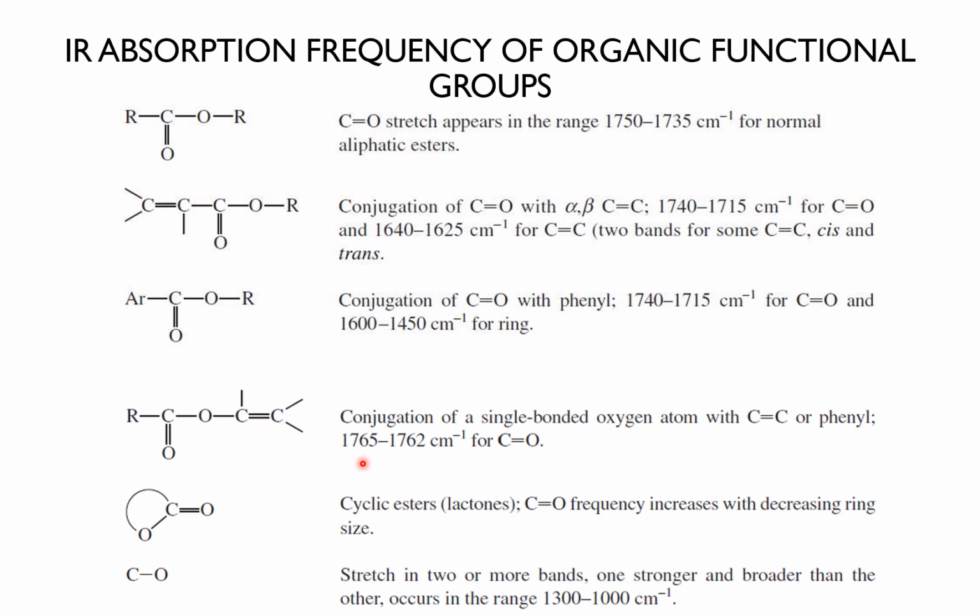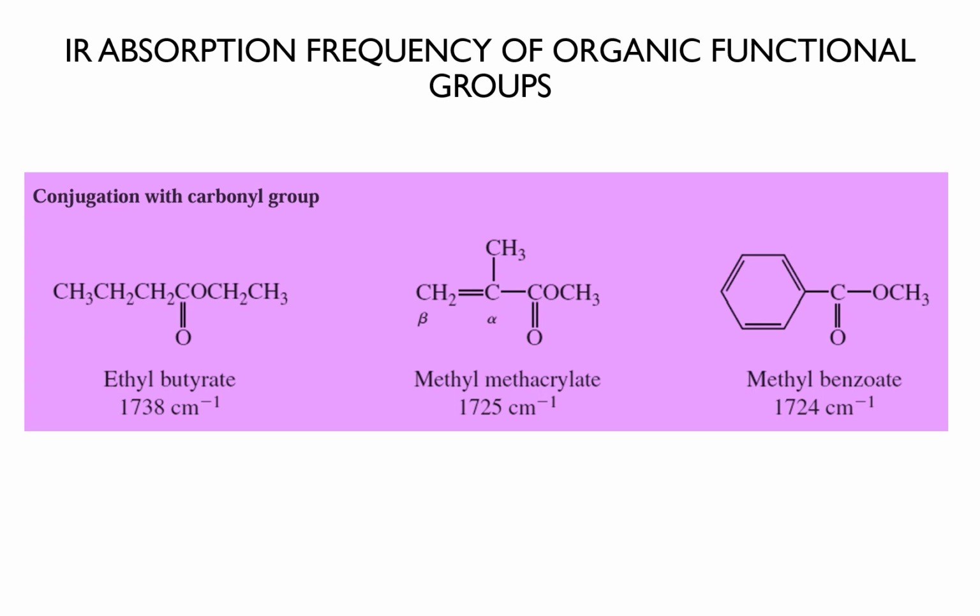So the value will be higher, which is 1765 to 1762 centimeter inverse. If the ester is part of a ring, that is lactones, then carbonyl frequency increases with decrease in ring size as the angle strain increases.